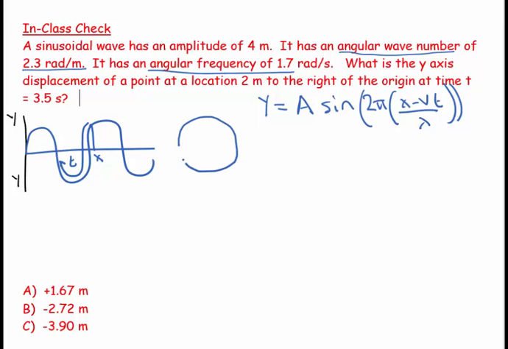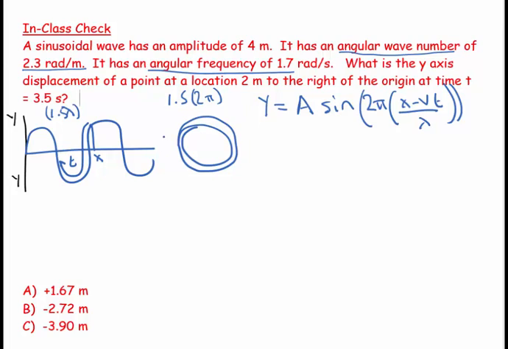And so one wavelength is like going around a circle once. So if we are 1.5 lambda along here, we are 1.5 times 2 pi radians around here.